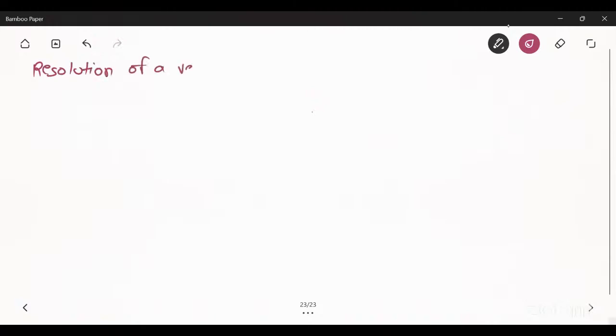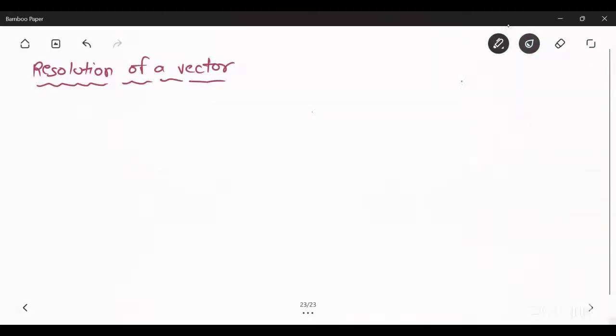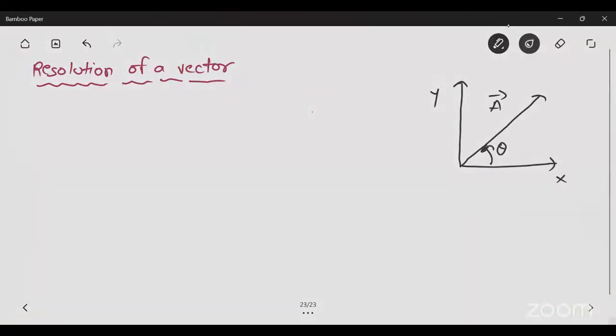Resolution of a vector. Now you can see here, this is the y-axis, this is the x-axis. A vector is there, which is at angle theta with the x-axis. Now I am doing the construction.